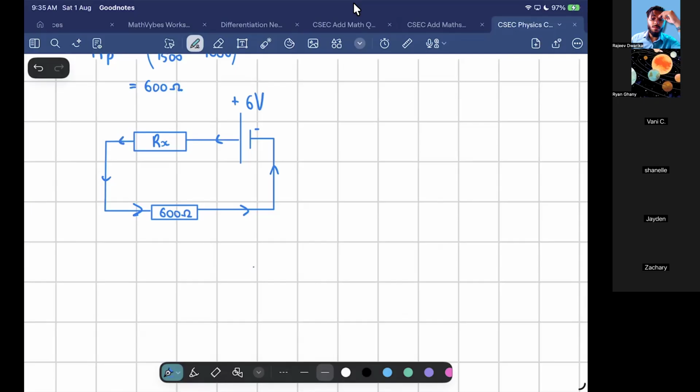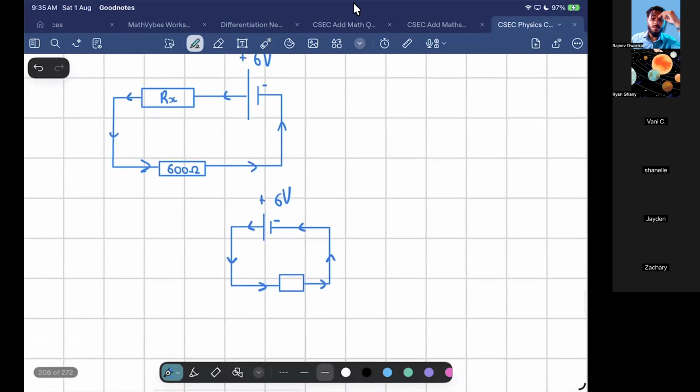So Vani, if I were to combine those resistors, we'd have to come up with an algebraic expression. So when we combine those two resistors, what would the algebraic expression look like? 600 Rx.